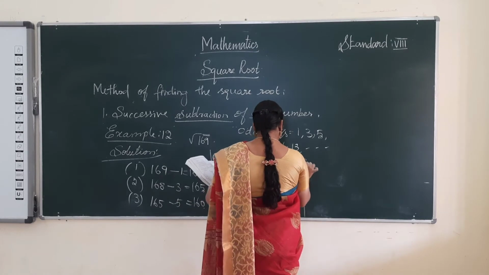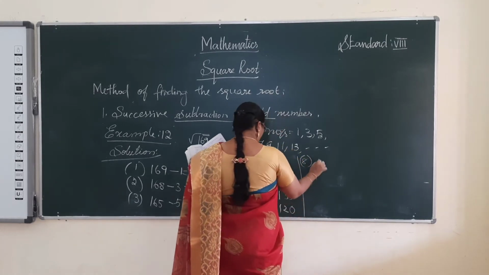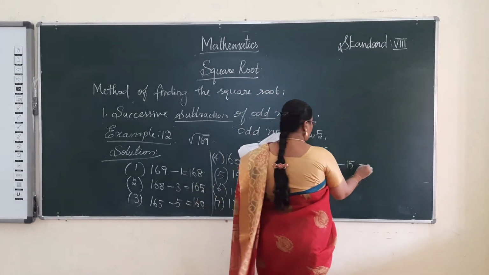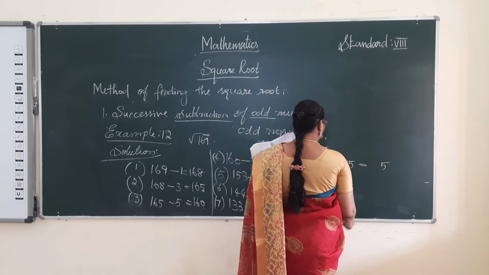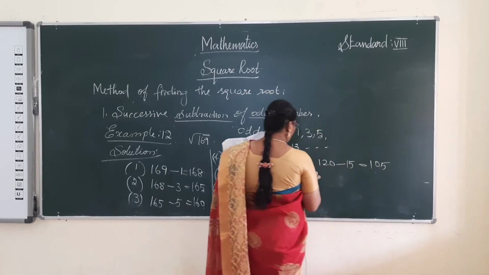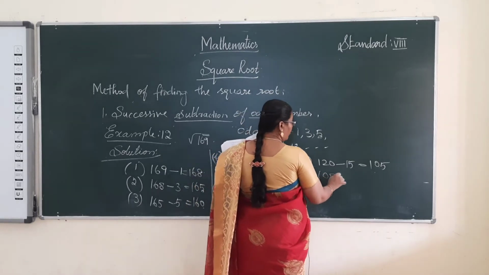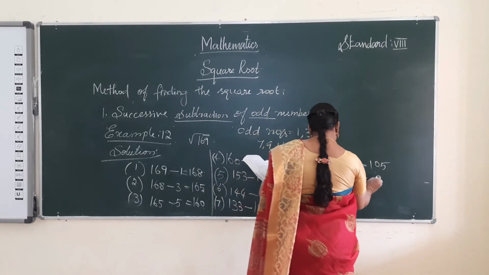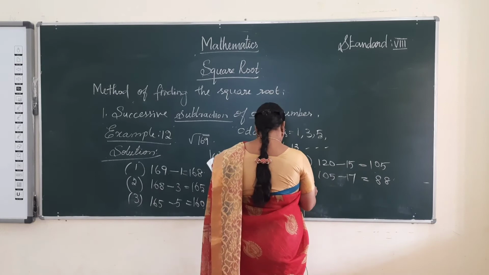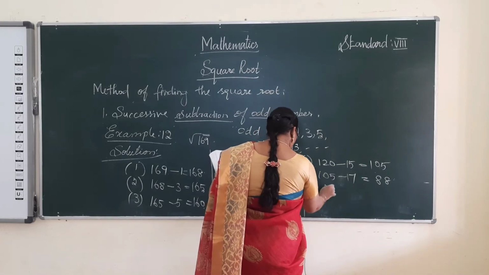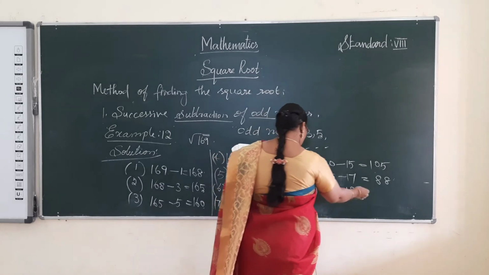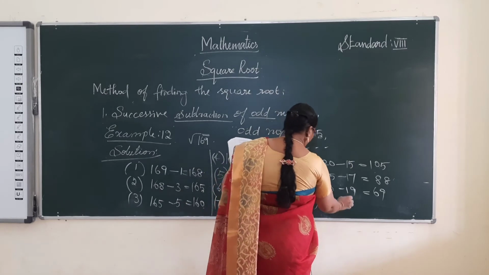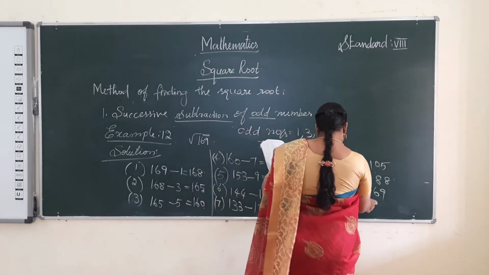And the next, the 8th one, 120 minus 15 is 105. The 9th, 105 minus 17 is 88. The next, the 10th, 88 minus 19 is 69. And the 11th, 69 minus 21 is 48.